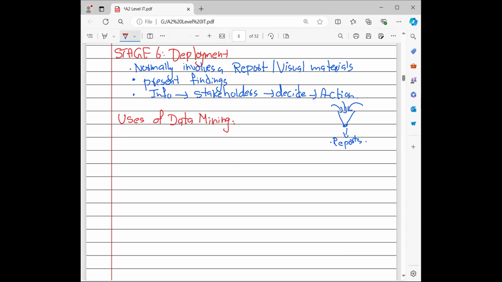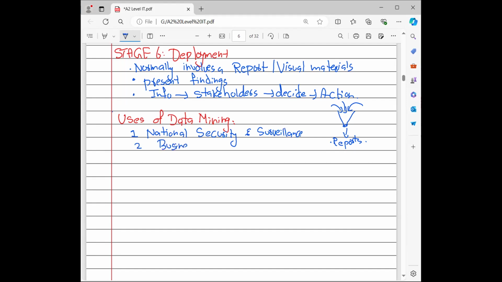The first usage that we will be discussing is national security and surveillance.